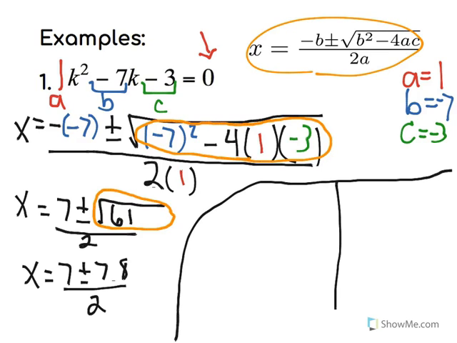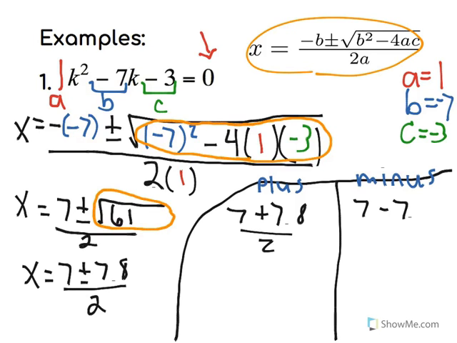One where we use the plus sign, and one where we use the minus sign. So we have 7 plus 7.8, and then divided by 2. And we have 7 minus 7.8, divided by 2.